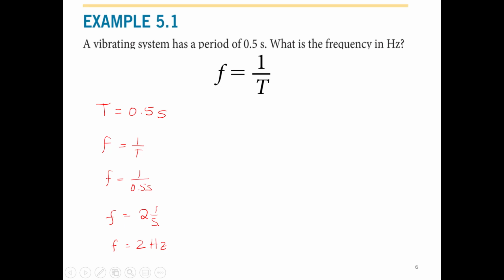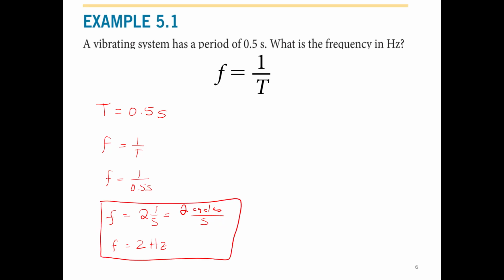And how many cycles in the unit time? 2 cycles per second. Then another possible answer, if we want, can be like that, 2 cycles per second. Then any of these are the right answer.